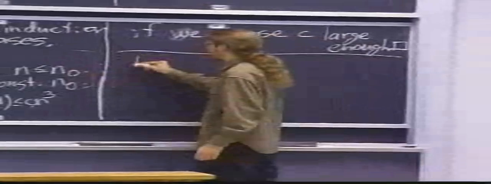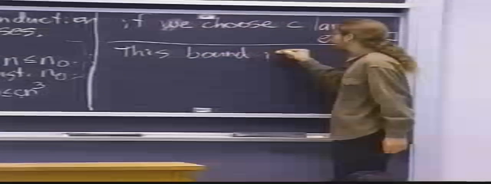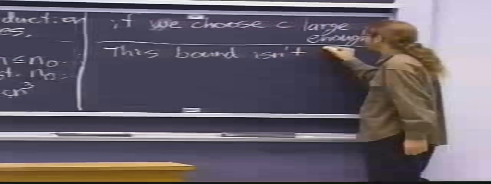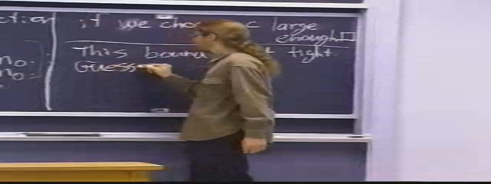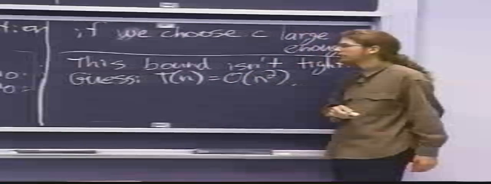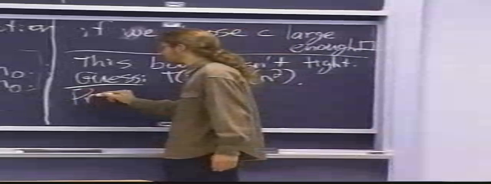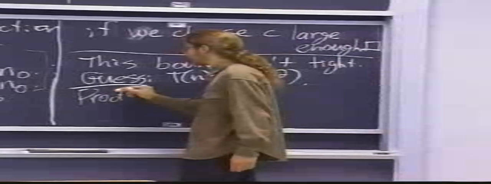So we'll say this bound isn't tight. And so our next guess is that T of n is order n squared. That's what we'll try to prove next, again using the substitution method. So let's go through all the same motions. I won't write down quite as many of the steps.